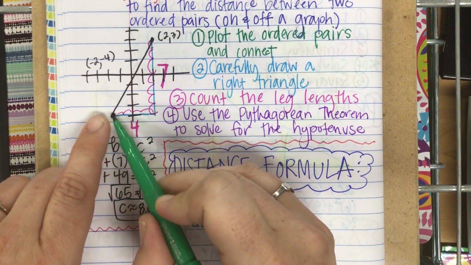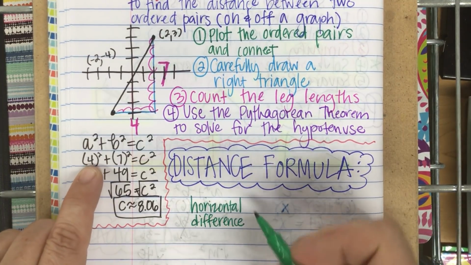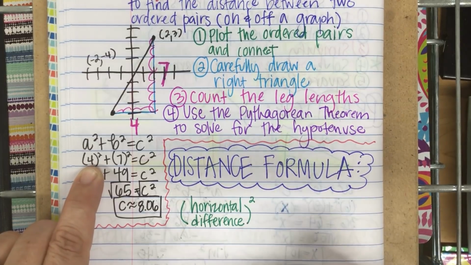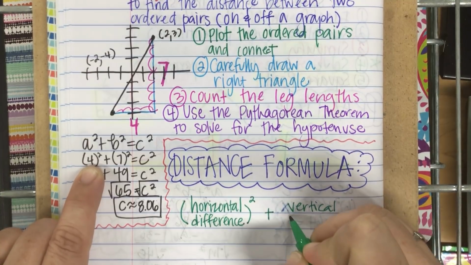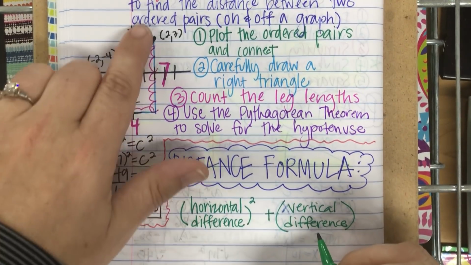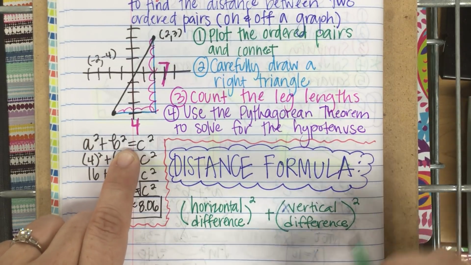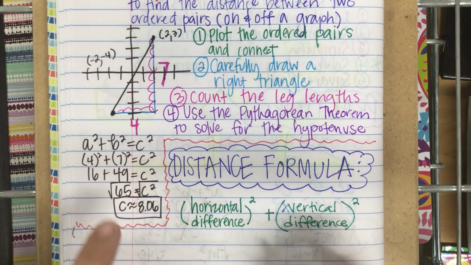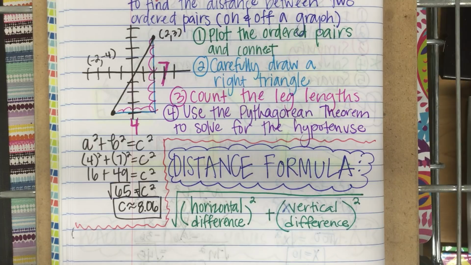The horizontal difference from this point to this point, the difference between them, horizontal difference squared, plus the vertical difference squared, because the Pythagorean theorem is a squared plus b squared. And I add them together, I square them, I add them together, and then my last part is the square root. So it's the horizontal difference squared plus the vertical difference squared, and then you take the square root of that.